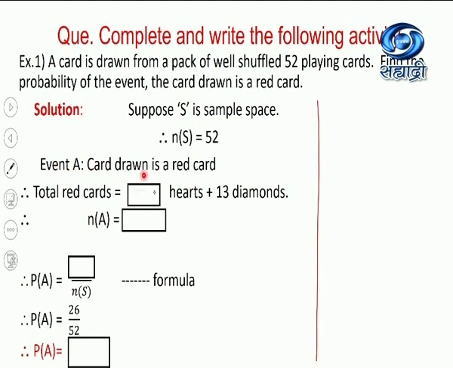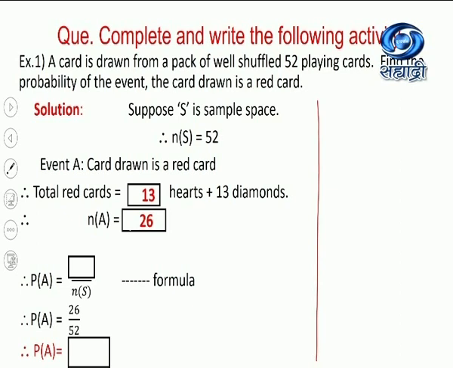Event A, card drawn is a red card. Now total red cards. So how many heart cards are here? There are 13 heart cards. So therefore 13 hearts plus 13 diamonds. Therefore N of A is equal to 13 plus 13, 26. Now I know the formula also.